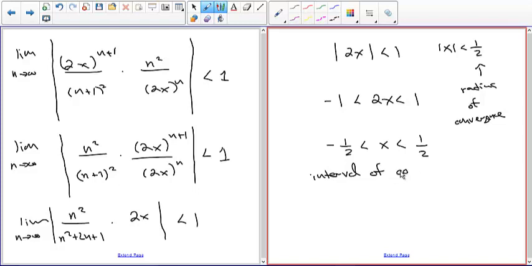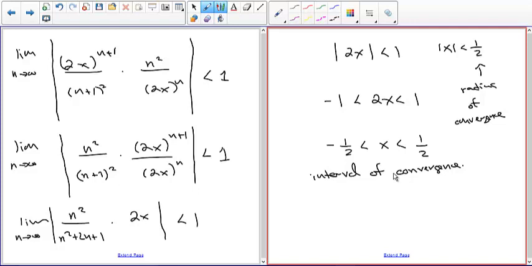This is my interval of convergence. Well, not quite, because I haven't answered the endpoints. Because we just have an inequality here, we don't have one that involves an equals. We don't know what happens when x equals -1/2 or x equals +1/2.